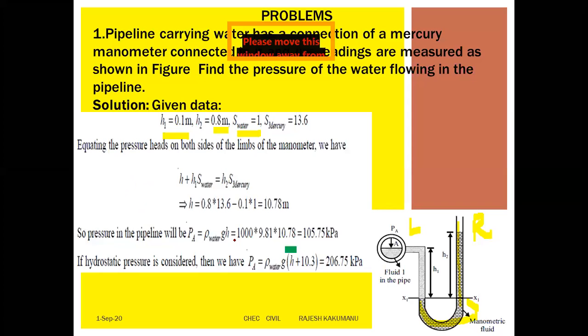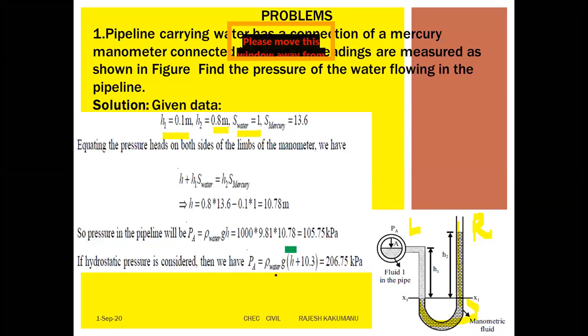Now the total pressure in the pipeline. Since it asks to find the pressure of water in the pipeline, the pressure in the pipeline is 105.75 kilopascal. Now if hydrostatic pressure is applied, what should we just add to this? 10.13. See here, 10.13 is to be added.